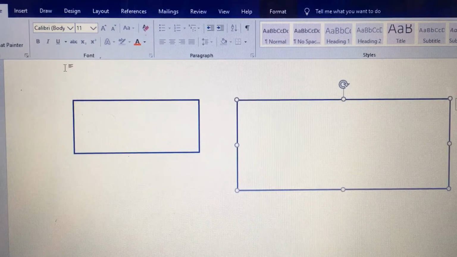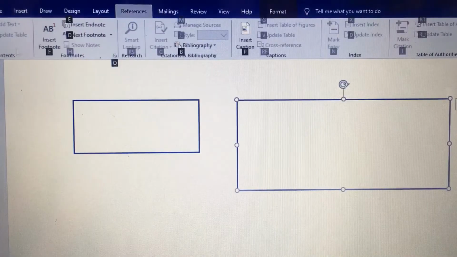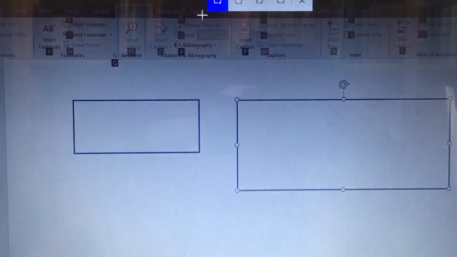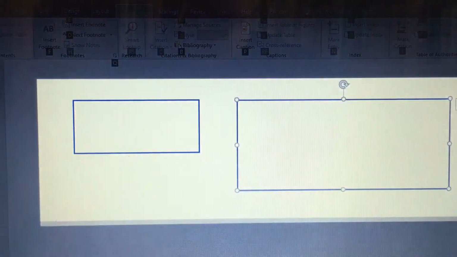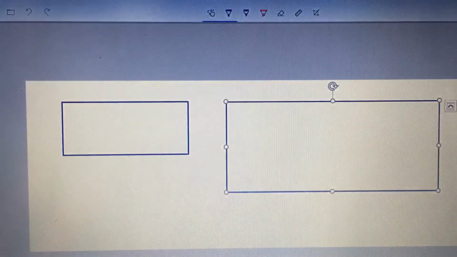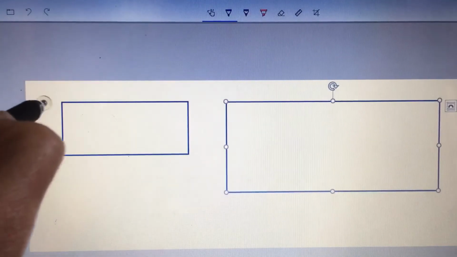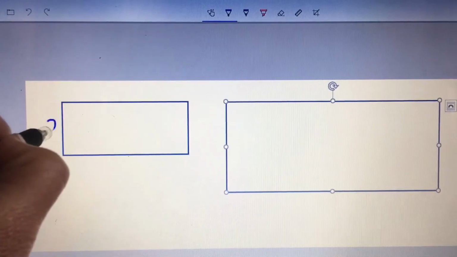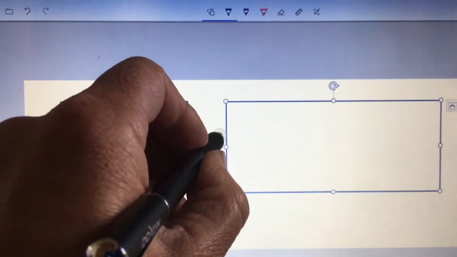So for instance, let me make it so I can draw on it. What I mean by proportional is, let's say this was a 2 and I made this one twice as big, so this is a 4.